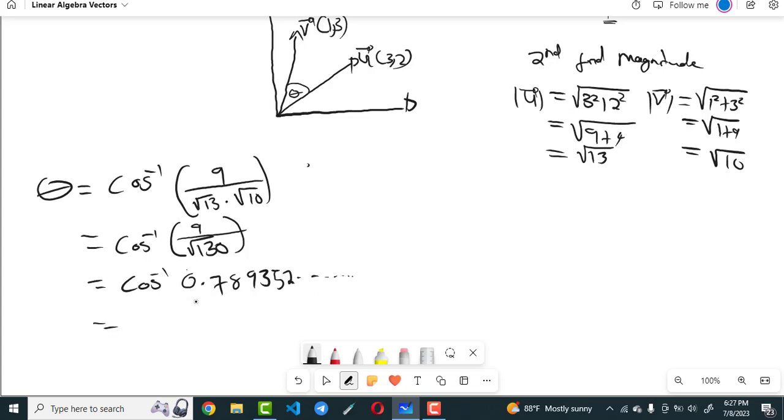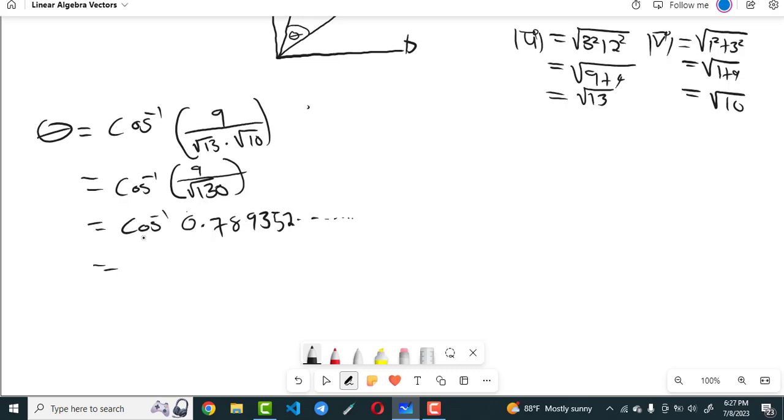Now, what we need to do is go to our mathematical tables, or we use a calculator to find cos inverse of this number, which gives us 37.87, and it goes on. So this is the angle, the value of theta. This angle theta is represented by 37.87 degrees. So this is how we find angles between two vectors.